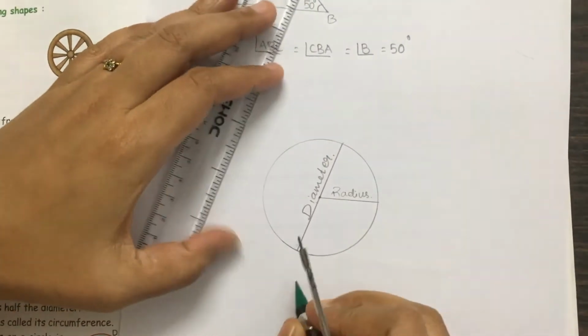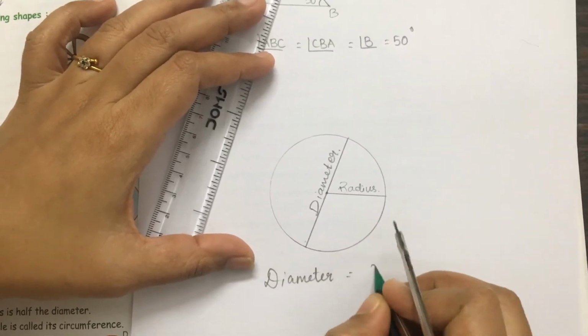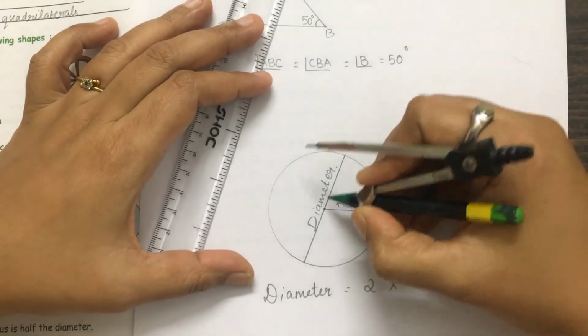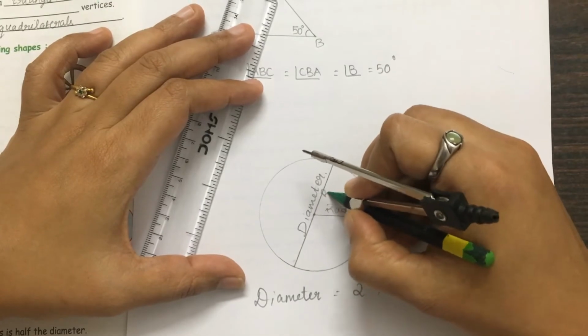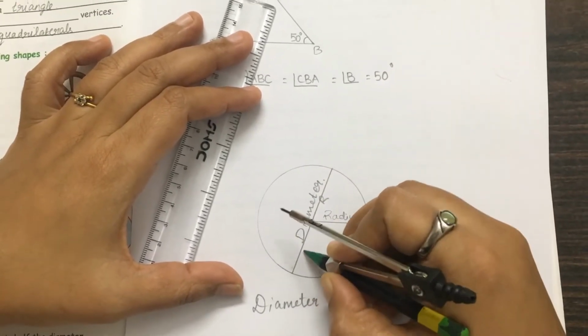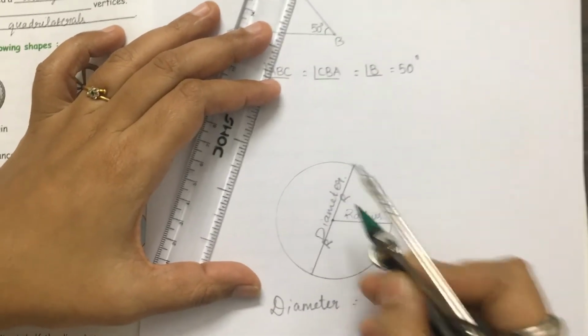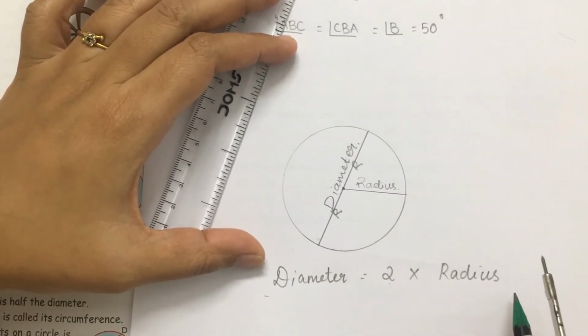Diameter is equal to 2 times the radius. How? From the center to any point on the circle, this is one radius, and from this center to the point on the circle, this is one radius, which is equal to 2 times radius. So diameter is equal to 2 times the radius.